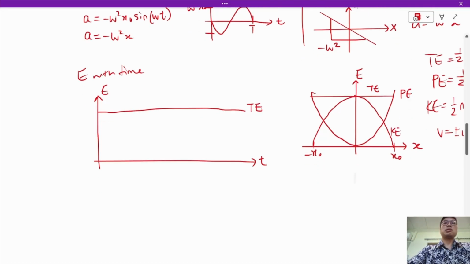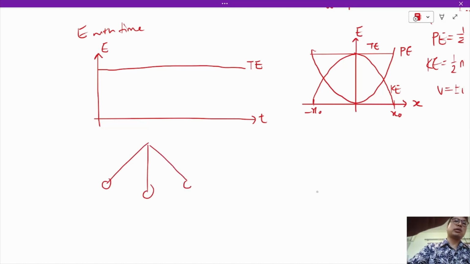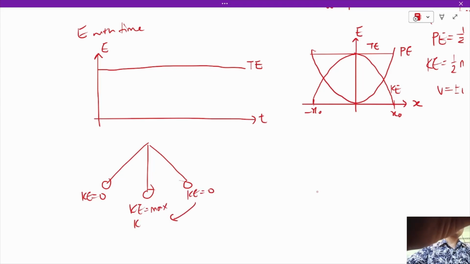TE remains constant. Let's talk about how the KE changes. Let's do the KE first. So the KE over here is 0, then the KE over here is max. Then the KE over here is 0, but then it doesn't stop. It goes back again. KE over here is max, and then the KE over here is 0.